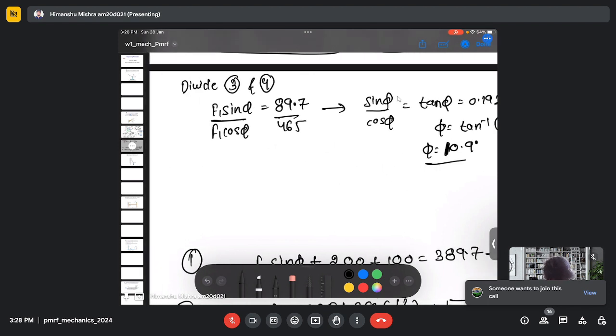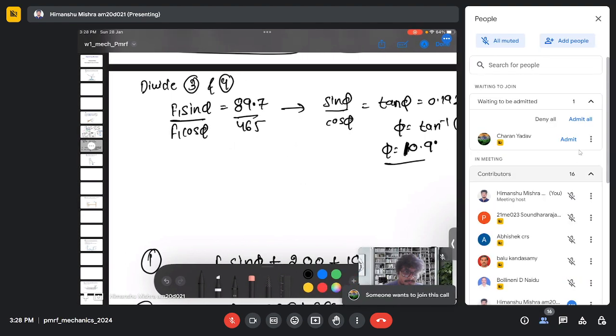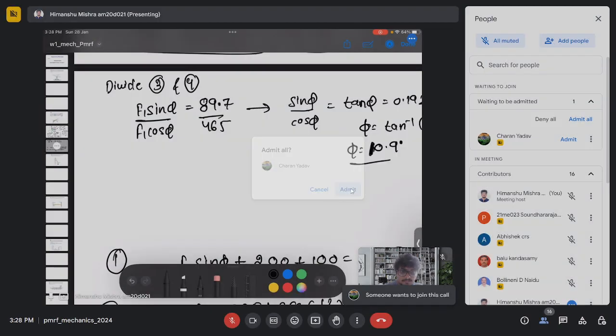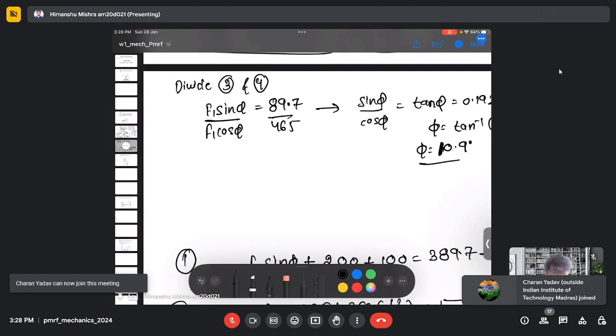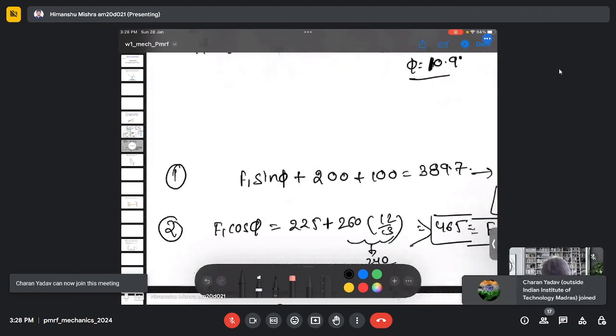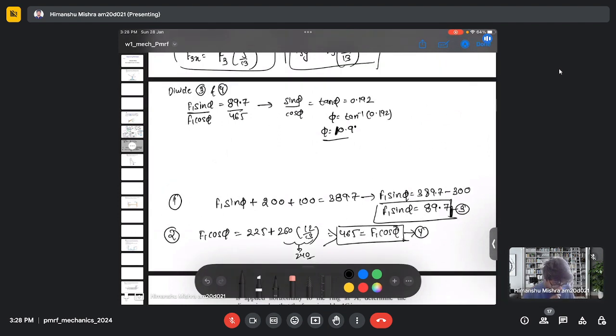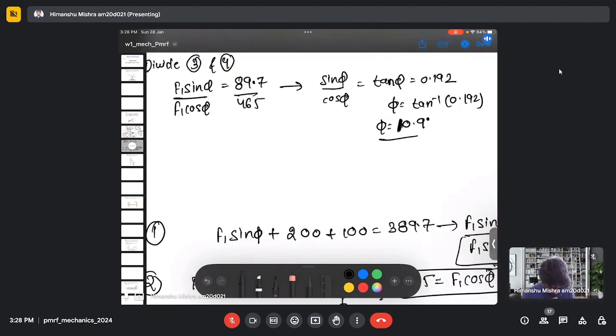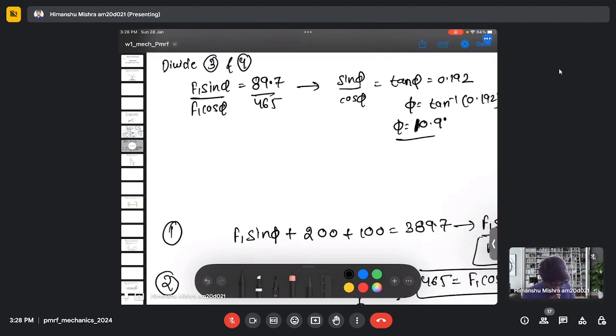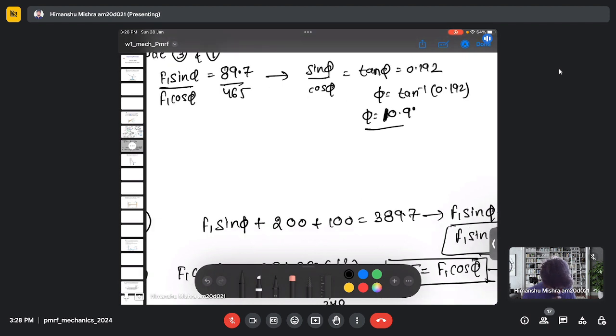Now you can substitute the value of phi in any of the equations, like equation 1, 2, 3 or 4. It's better to substitute in 3 or 4 because we already simplified the equation, so the calculation level will be very less.